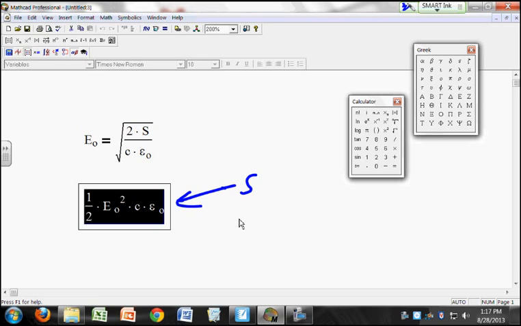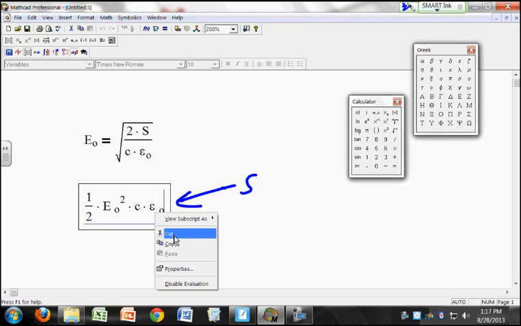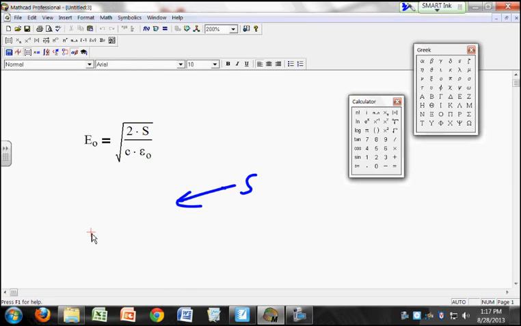Space bar, space bar, space bar, and then Control C to copy or Control X to cut. And then you can say S, Control equals, and then you say paste.